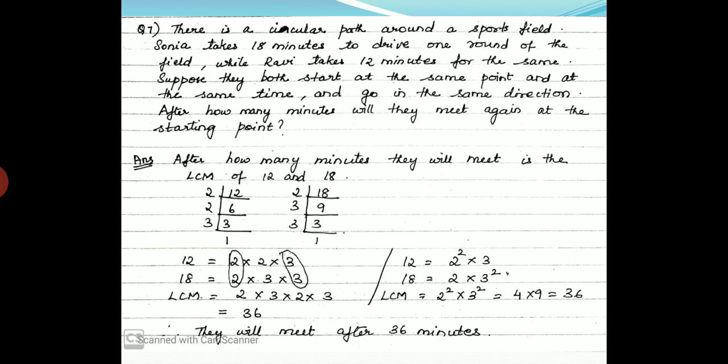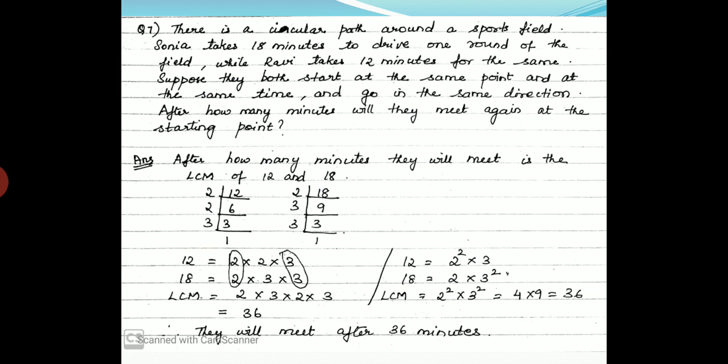Okay, now question number 7. There is a circular path around a sports field. Sonia takes 18 minutes to drive one round of the field, while Ravi takes 12 minutes for the same. Suppose they both start at the same point and at the same time and go in the same direction. After how many minutes will they meet again at the starting point?